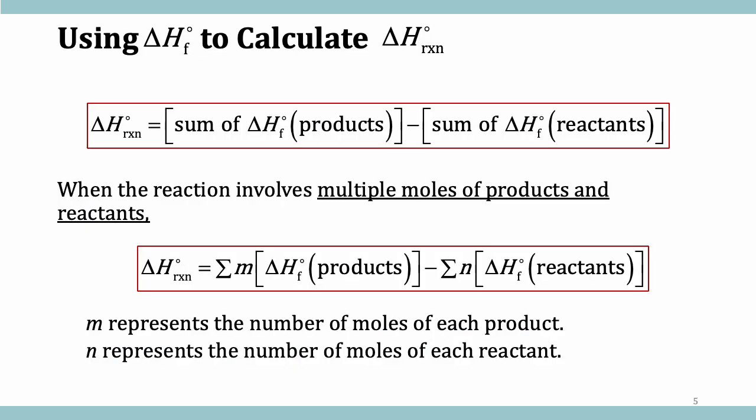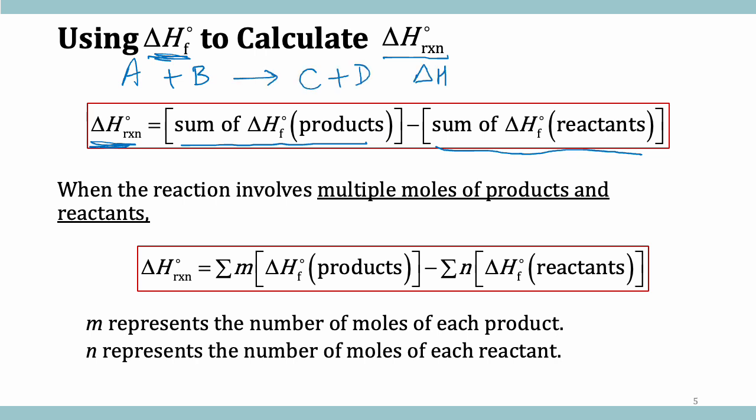How is this useful for us? Sometimes we can use delta H naught F to calculate the heat of the reaction. How do we find it? The heat of reaction is going to be the sum of delta H naught F of products minus the sum of delta H naught F of reactants, which means if I have a reaction A plus B gives me C plus D, what would be delta H for this reaction?